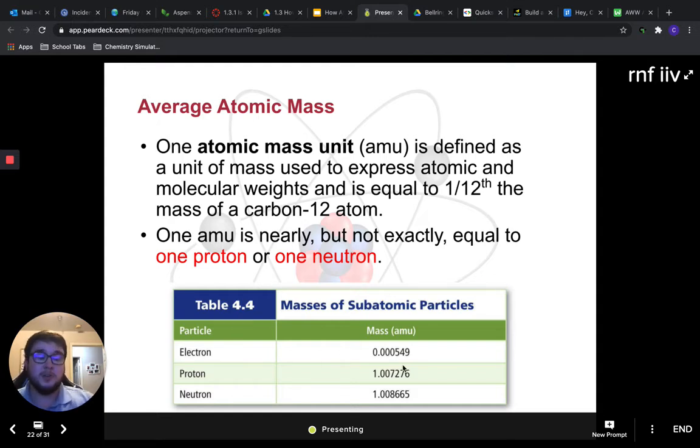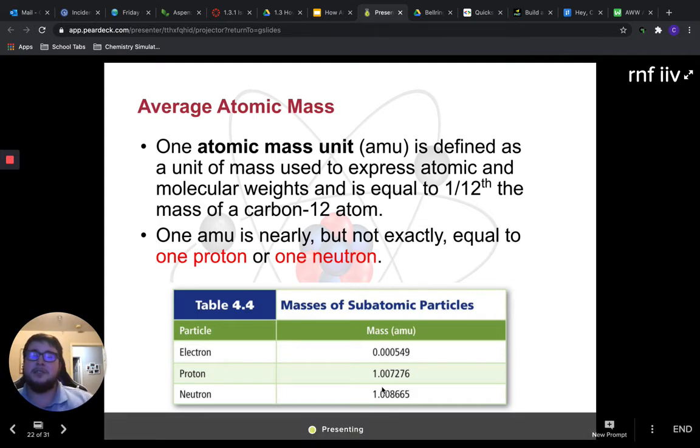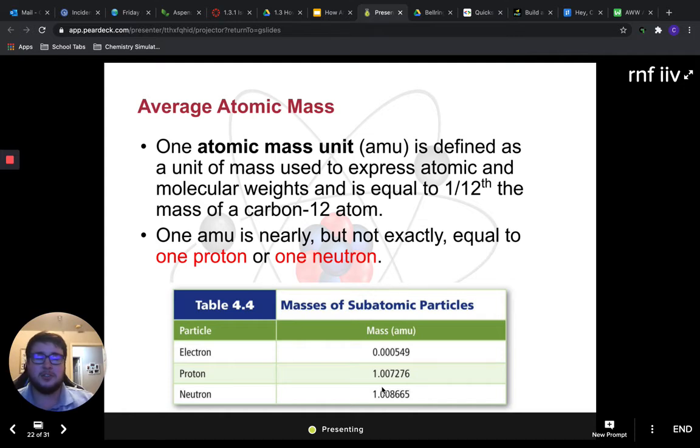You can just assume for our purposes that that's 0, right? That's practically 0. It would take you something like 2,000 electrons to even have the same mass as a single proton, and it's just not practical. So assume electrons have a mass of 0, protons and neutrons each have a mass of 1, and then you should be straight with this stuff.